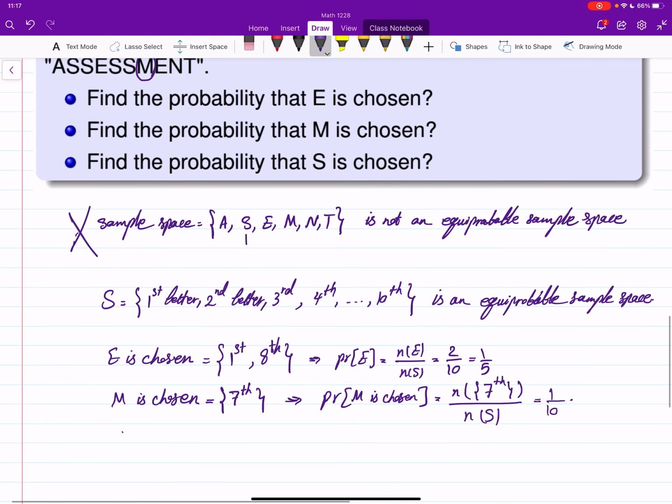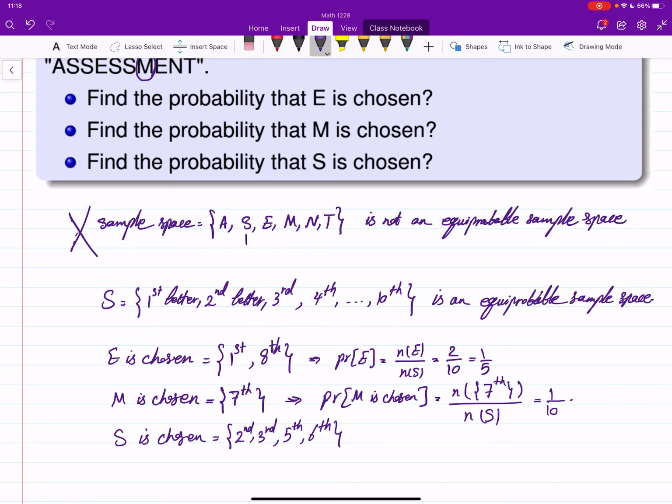And the last one is S is chosen. S is chosen will go either the second one, third one, fifth one, or sixth one are chosen.